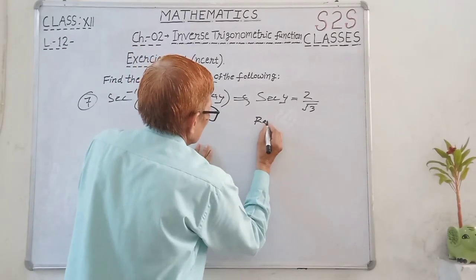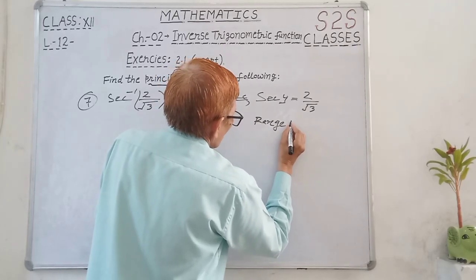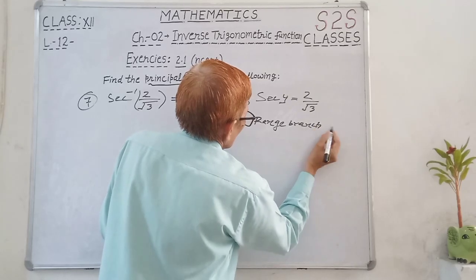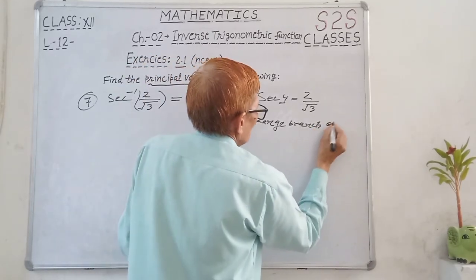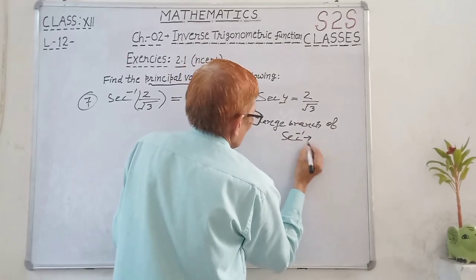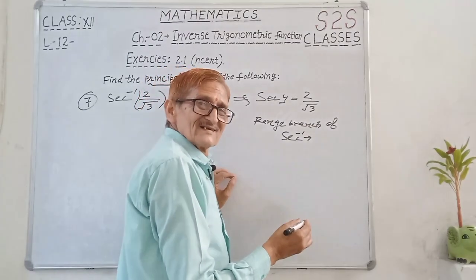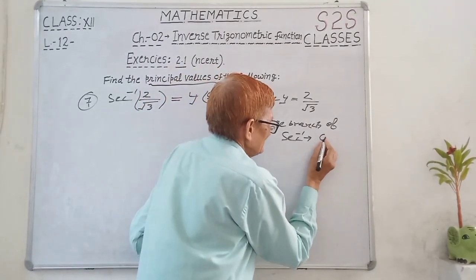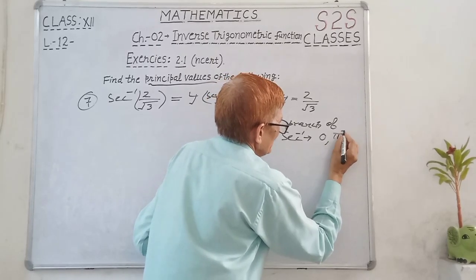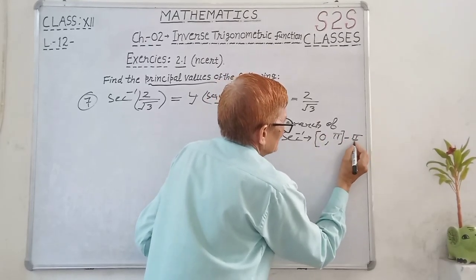The principal range branch of sec inverse. What is that branch? Sec inverse: 0 to pi closed interval, minus the one element pi by 2.